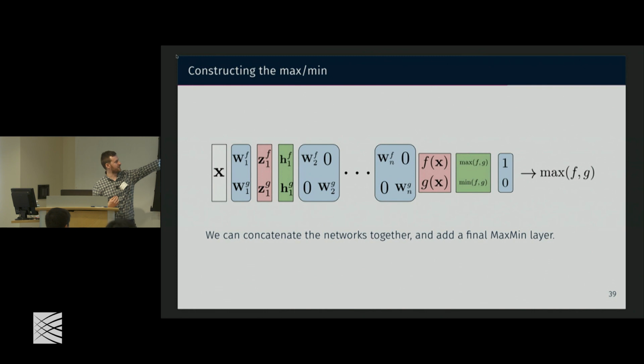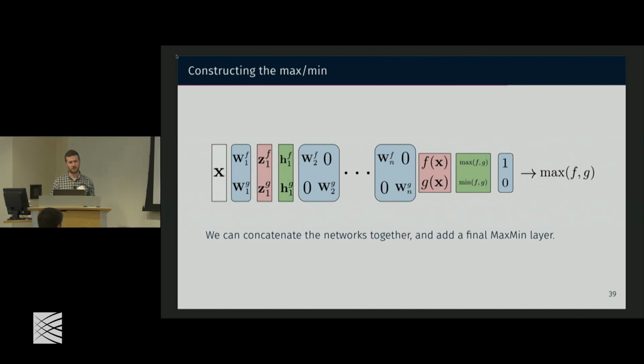Similarly, I can add zeros to these weight matrices. That won't change the row sums. I'm just adding zeros, so this also obeys the infinity norm constraint. What I've really done is stack these networks together such that at this layer, my network just computes F and G in a vector. Then I can apply my maximum activation, pick which one I want with some simple linear map, and output the maximum or the minimum of these two functions.